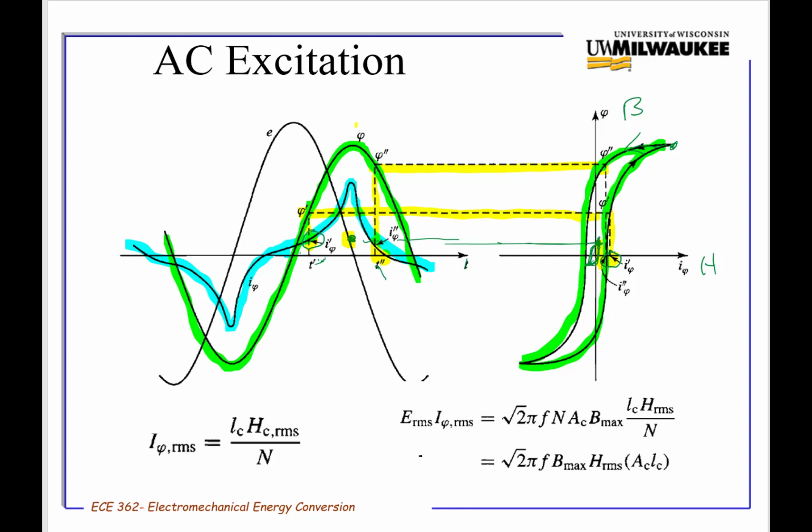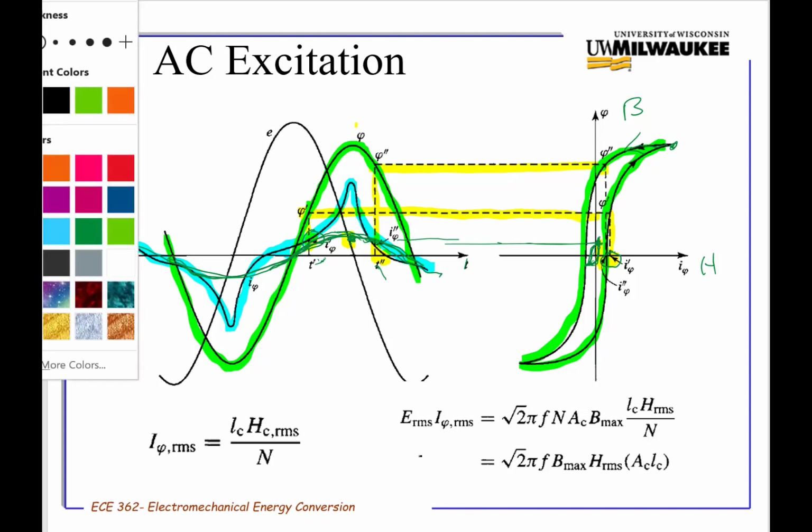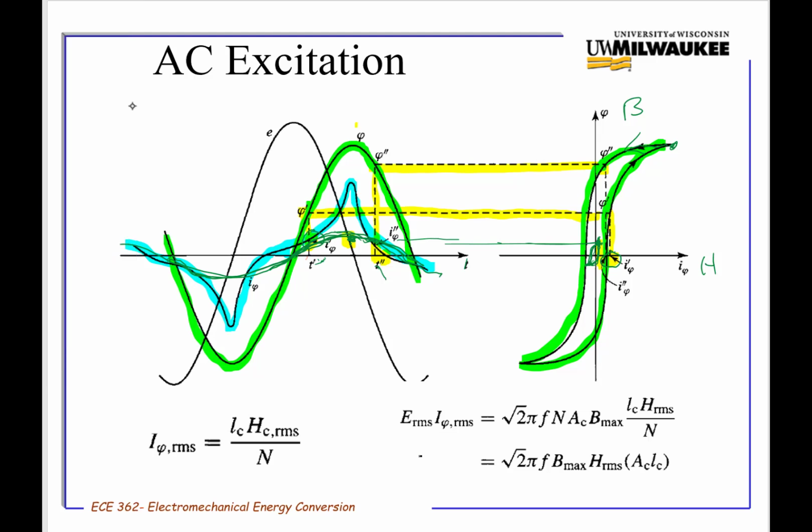Let's say that the flux density looks like this. There's your flux density, and let's put in a different color, the current in orange there. And so they're both sine waves. But as you start to become more saturated, the point of this is that the current becomes distorted, and it has other harmonic components in it.